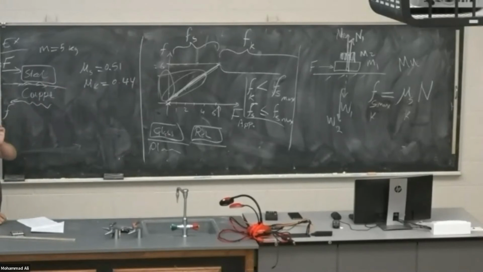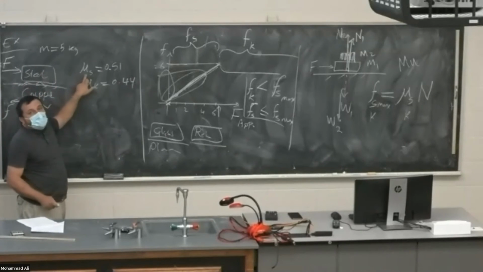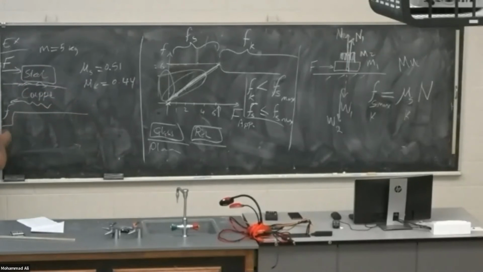What is the least force to make the object start moving? The object is stationary, so I need to use the stationary method. So F stationary, I'll do it like this.